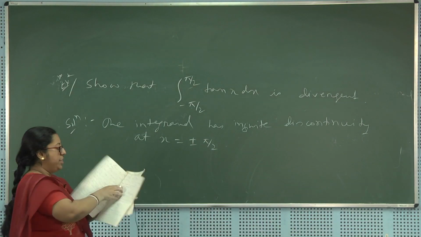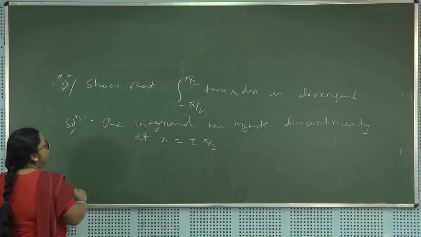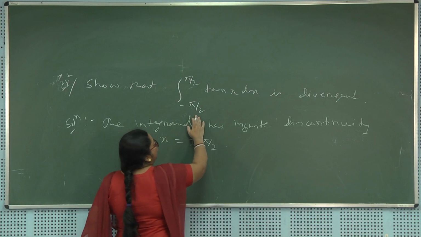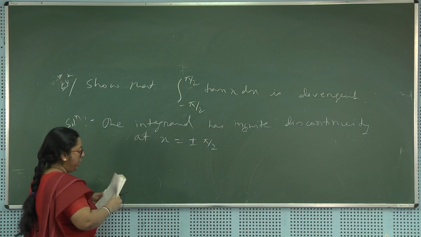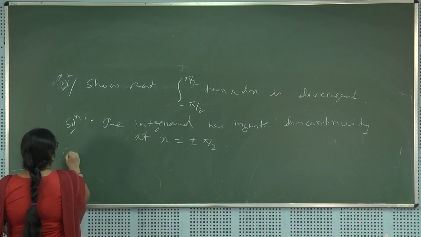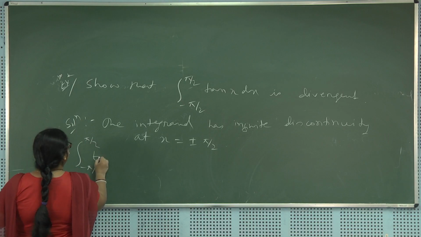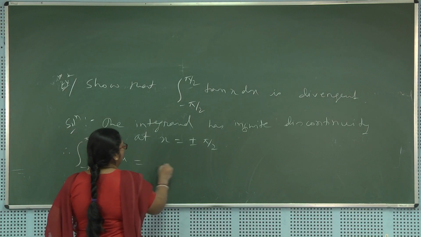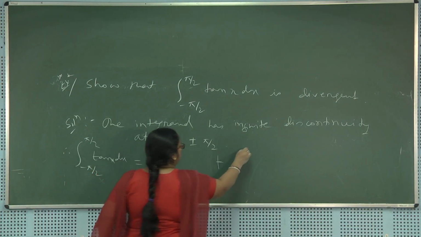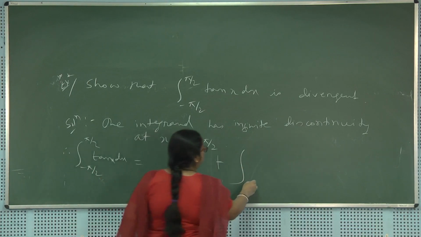We have to investigate. Because the infinite points are at the upper and lower limits, you have to separate at an interior point. Therefore, integral minus pi by 2 to pi by 2 of tan x dx is equal to, we separate it into two integrals, minus pi by 2 to c and c to pi by 2.